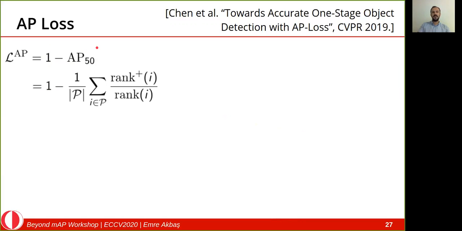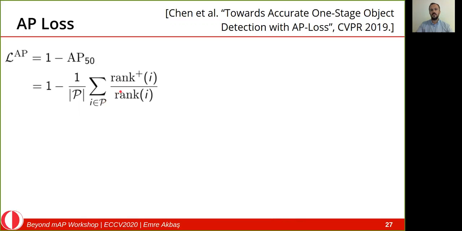And you can express AP in terms of the ranks of your positive examples with respect to their confidence scores. So this rank plus means the rank of your ith positive example among all positive examples, and rank i is the rank of your ith positive example among all examples, including negative ones.